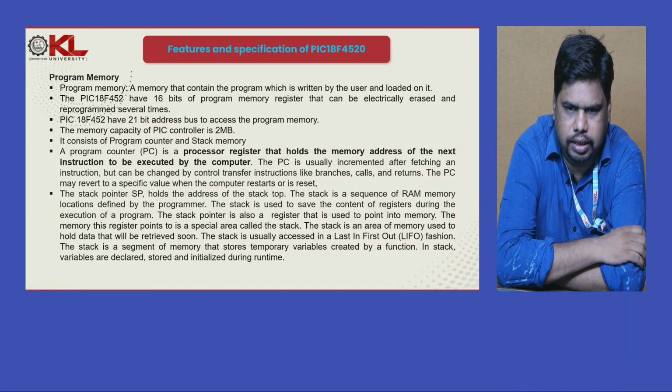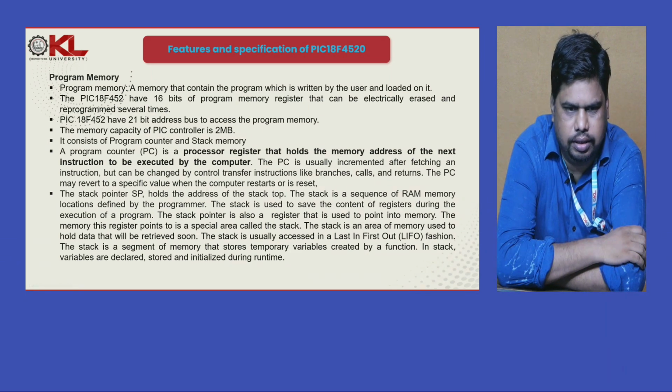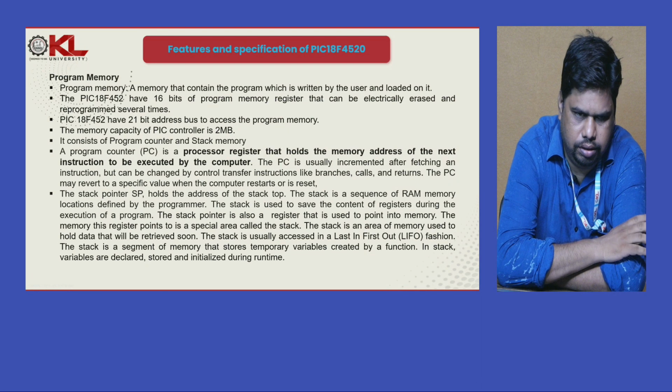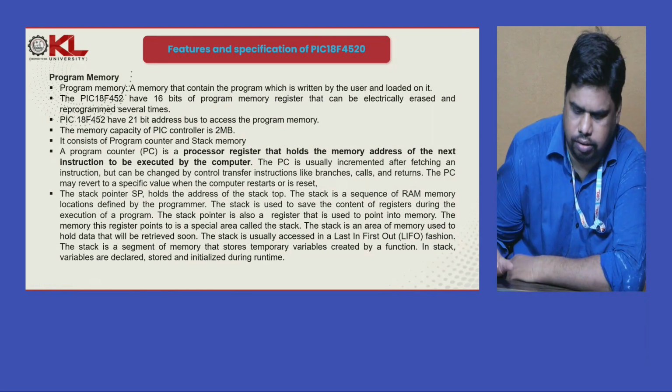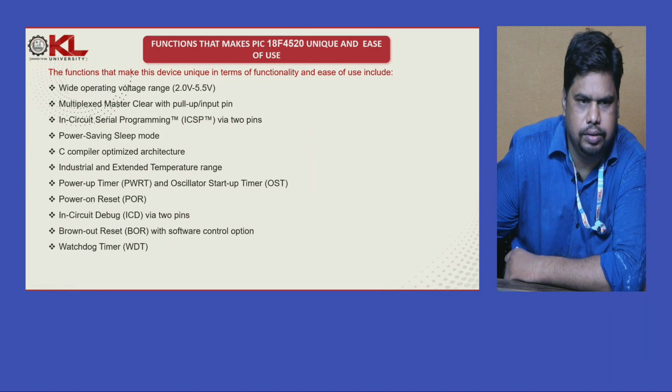The stack is an area of memory used to hold data that will be retrieved soon. The stack is usually accessed in last in, first out fashion. The stack is a segment of memory that stores temporary variables created by a function. So we can observe clearly the importance of stacks here.